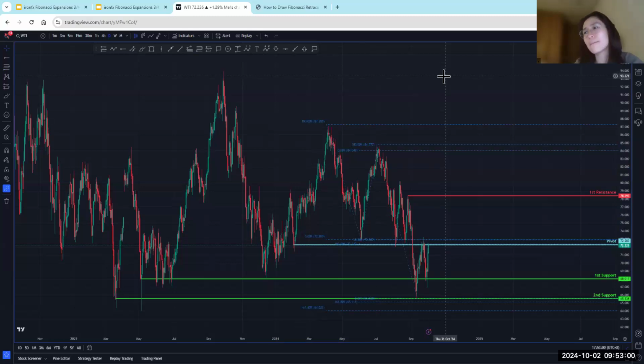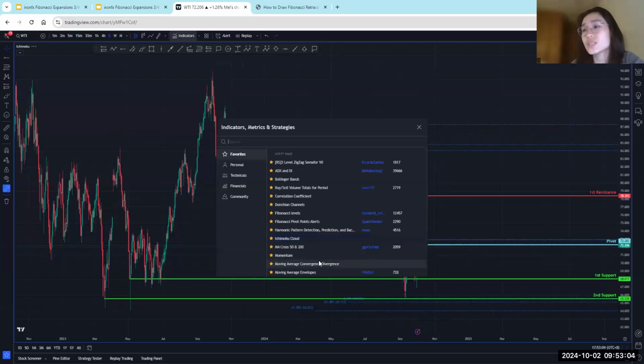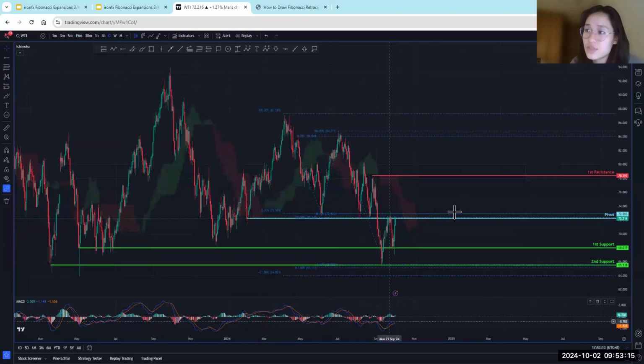Okay, I think that's all the levels we have. Let's go in with our indicators again. Price is moving below the Ichimoku cloud, so it's giving us a bearish signal. MACD on the other hand is giving us a bullish signal.